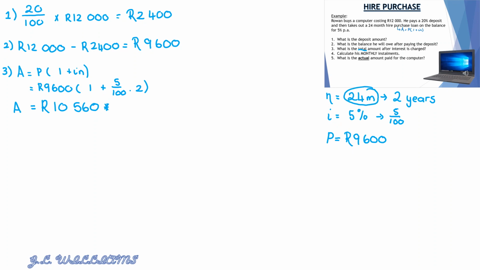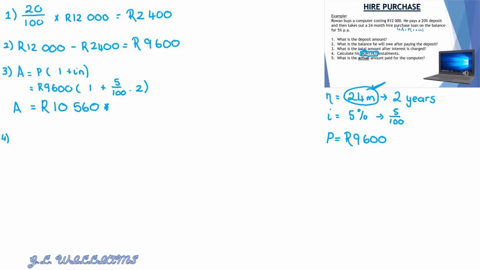So the next question is to calculate his monthly installments, right? And so we need to look at the number of months when we look for the monthly installments. So he needs to pay back the 10,560 over 24 months.